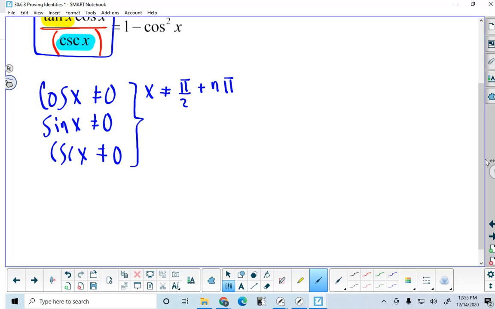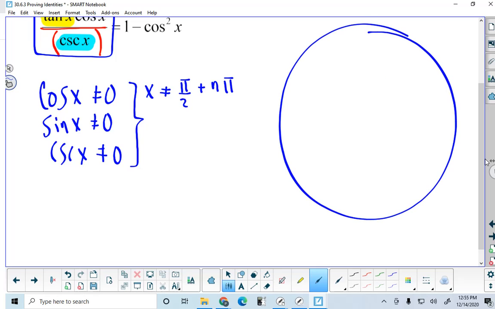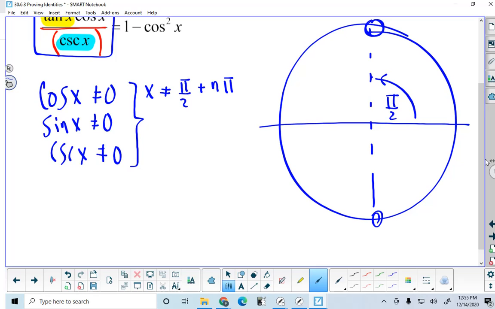Why is x not allowed to be pi over 2 plus multiples of pi? Because on the unit circle, when x is pi over 2 plus multiples of pi, we will be in those two locations where cosine is 0.